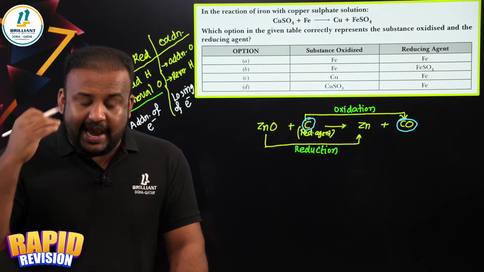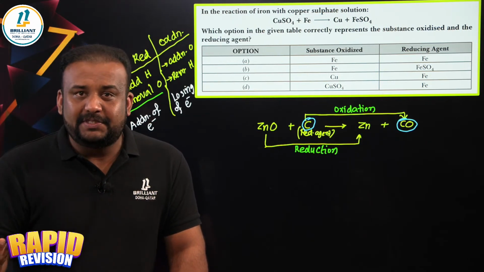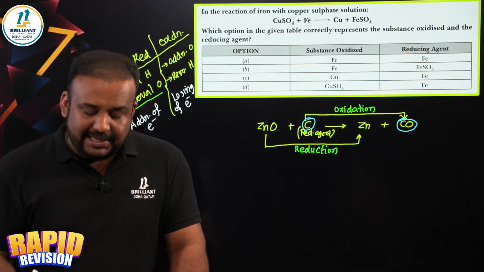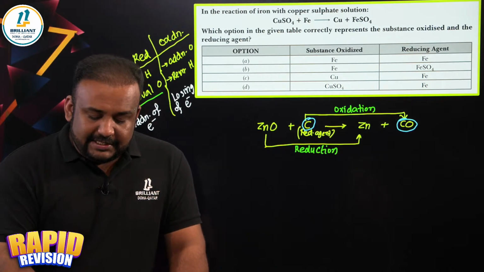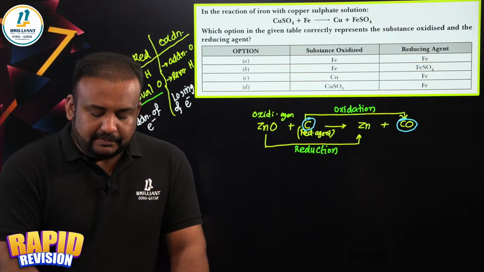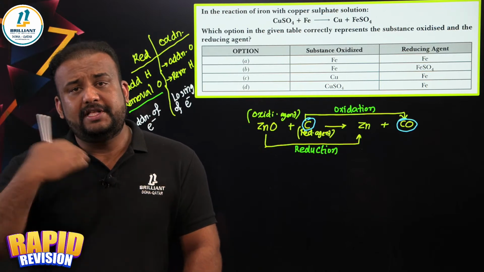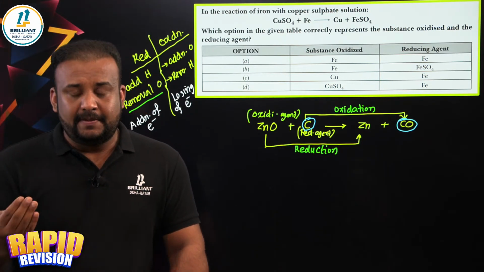Yes. So any substance which is responsible for oxidation of other substances is called an oxidizing agent. So here we can write one more conclusion. What is that? Zinc oxide is the oxidizing agent. Sometimes you can call this an oxidant as well, and the reducing agent a reductant.